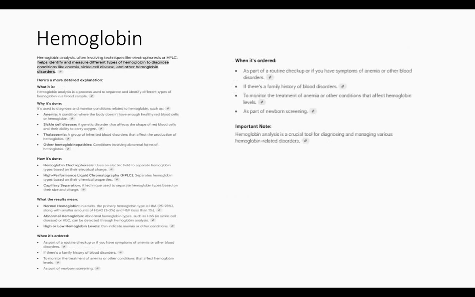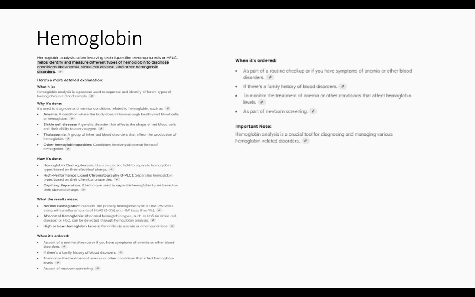This is basically to check for disease like anemia, sickle cell disease, and so on and so forth. Hemoglobin analysis is a process used to separate and identify different types of hemoglobin in a blood sample. How it's done: through HPLC, capillary separation, and so on.